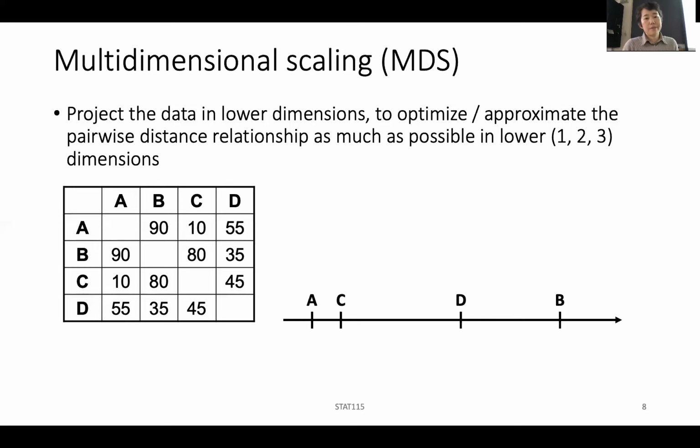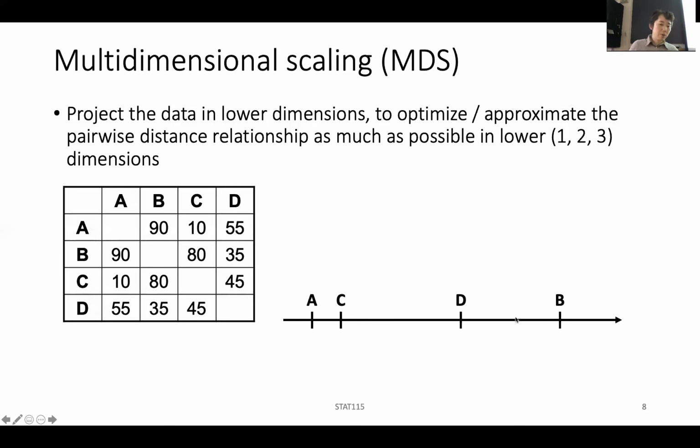Sometimes when the expression level is 0, right, TPM is 0, you might give it a little pseudocount just so that you don't take a log of 0. But usually it's doable on this. Basically, as long as you can provide this matrix of distance, it will be able to make the projection.